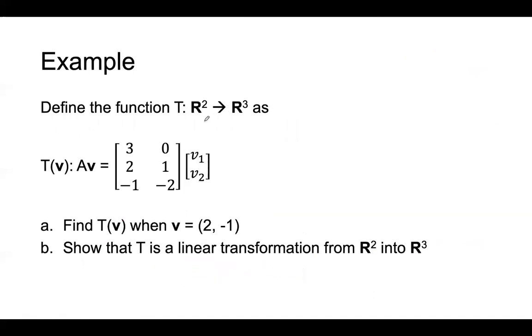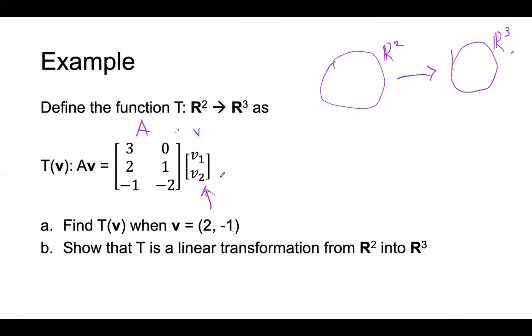So define this function. We're going from R2 to R3, where basically we have this matrix A times this vector. Find T(v) where v is equal to (2, 1). All you do is plug in (2, 1) and multiply it together, and show that T is a linear transformation from R2 to R3.